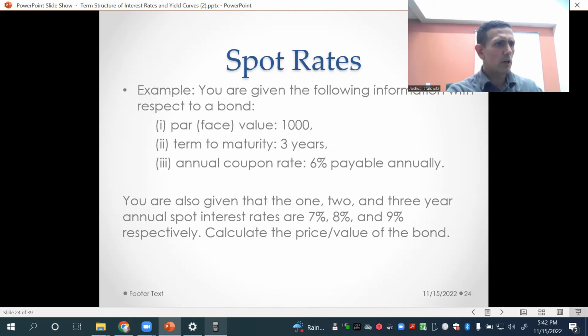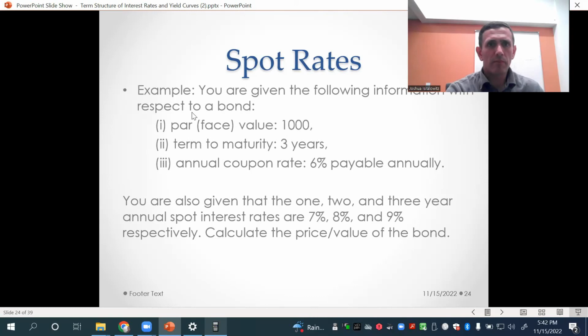All right, so let's do this. Because we have different spot rates, there's no quick, easy way to do this in the calculator. It's only 3 years, so you don't really need a quick, easy way to do it.